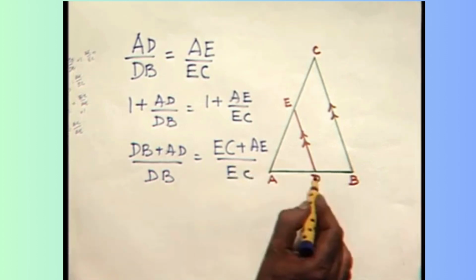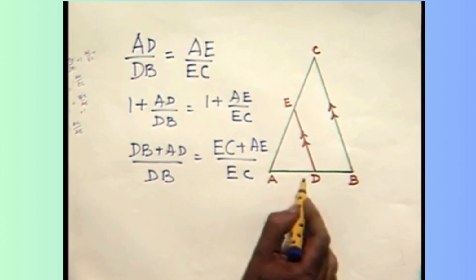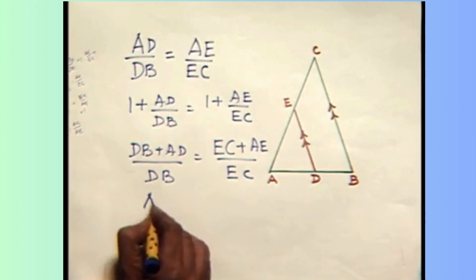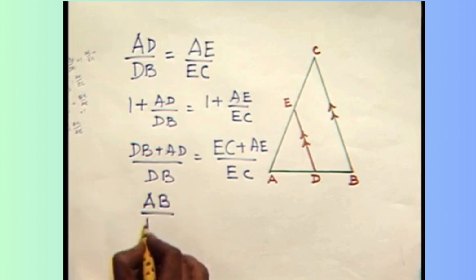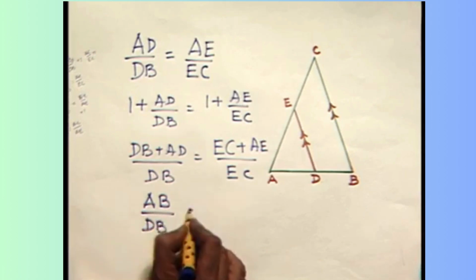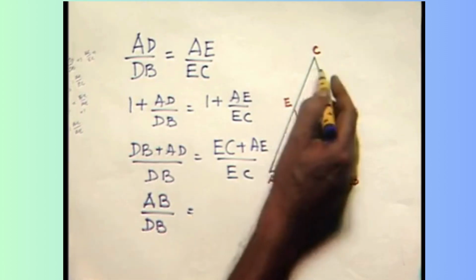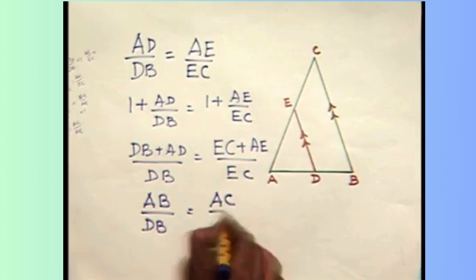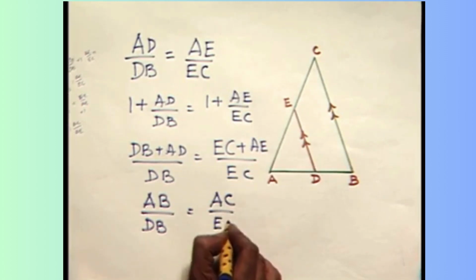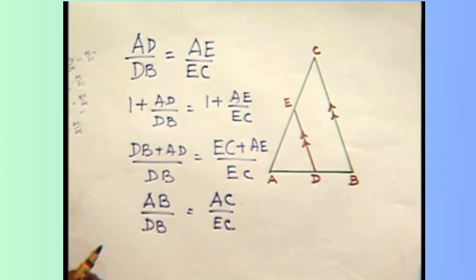Now, DB plus AD is nothing else but AB upon DB. And how about AE plus EC? That is equal to AC upon EC. So that is the result we have derived from the Thales theorem.